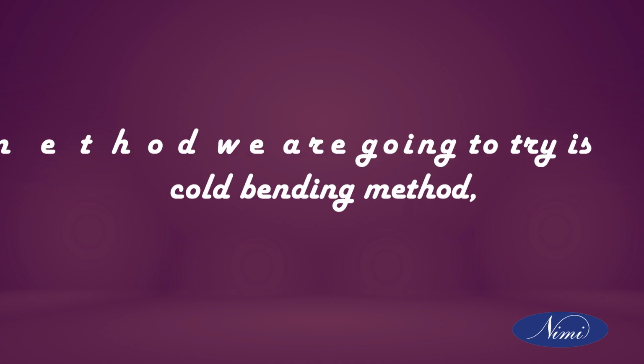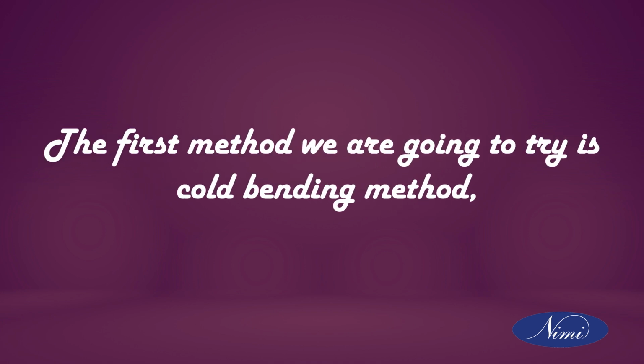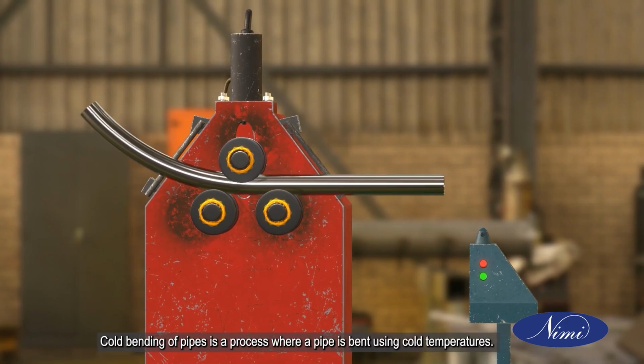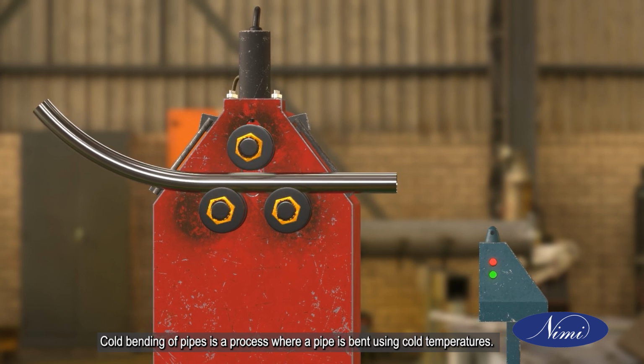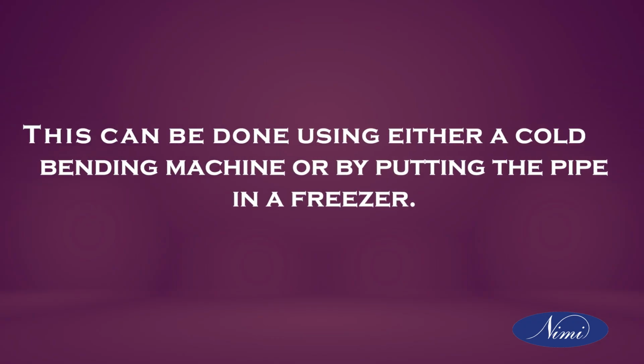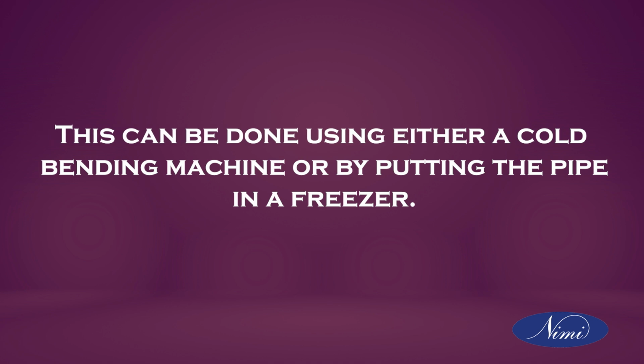The first method we are going to try is cold bending method. Cold bending of pipes is a process where a pipe is bent using cold temperatures. This can be done using either a cold bending machine or by putting the pipe in a freezer.